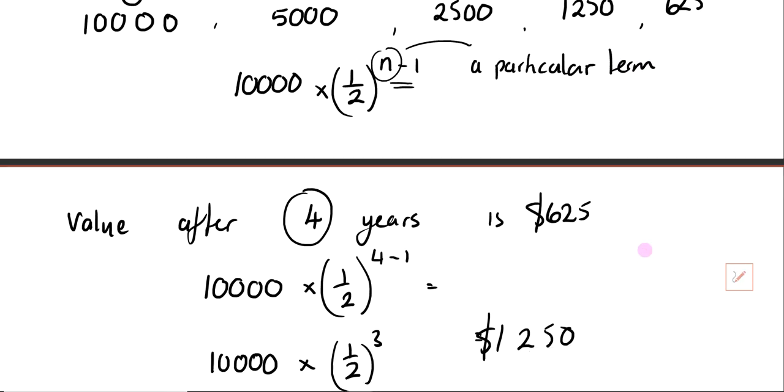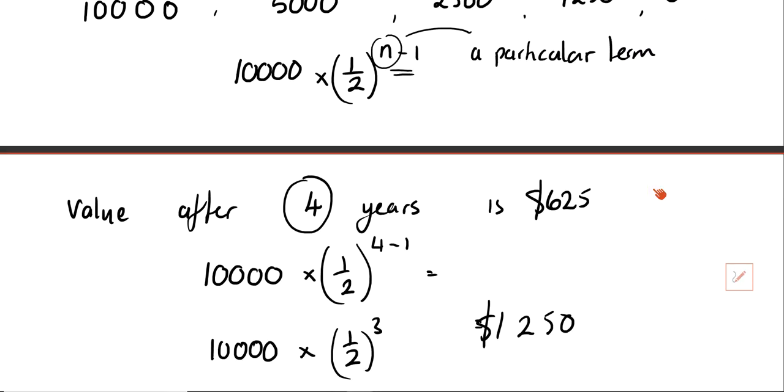So if I want the 4th term, I put in n minus 1, do 3. But when it's a financial sense, actually what we do is we change it a bit and we want 10,000 times a half to the power of n, not n minus 1, because the first term is actually 0 years, and that's where you have to take that into consideration.